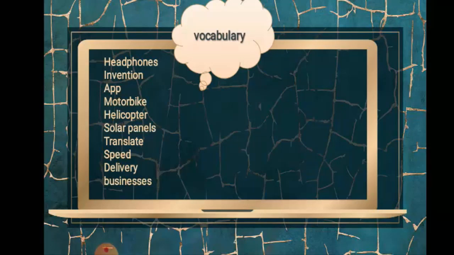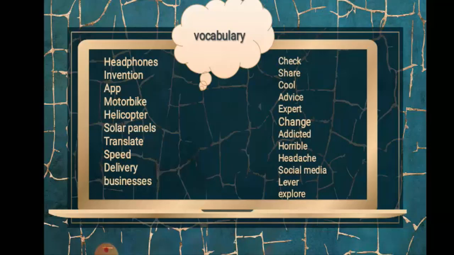Headphones, invention, app, motorbike, helicopter, solar panels, translate, speed, delivery, businesses, check, share, cool, advice, expert, change, addicted, horrible, headache, social media, lever, and explore.